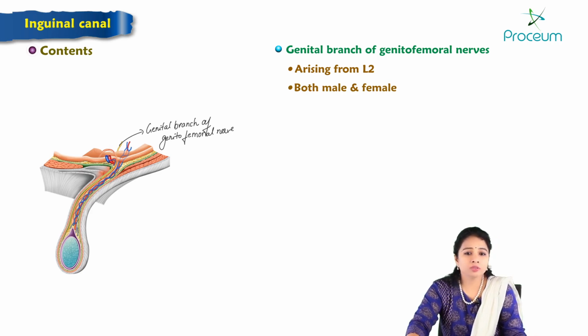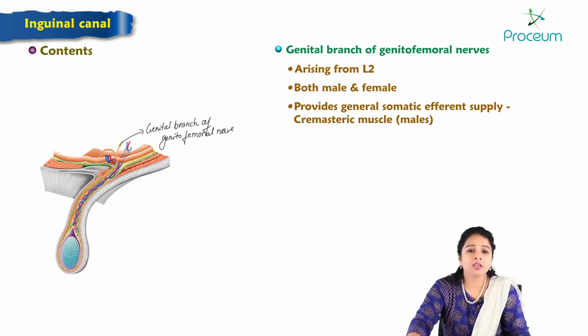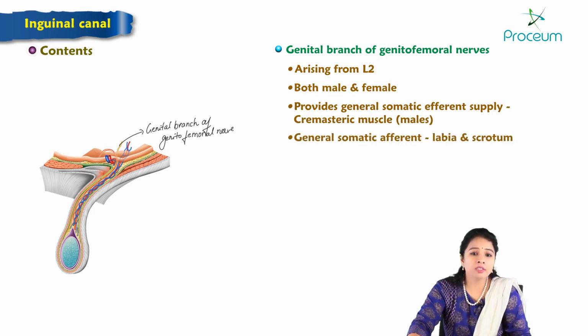The genital branch of genitofemoral nerve provides general somatic efferent supply to the cremasteric muscle in males and general somatic afferent supply to the labia and scrotum: labia in females and scrotum in males.